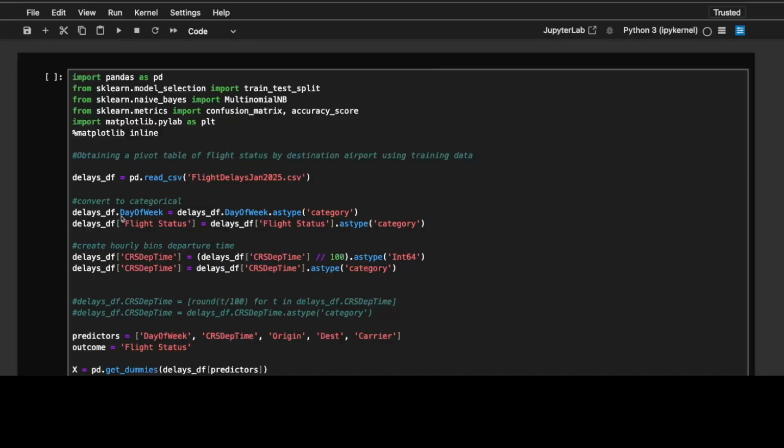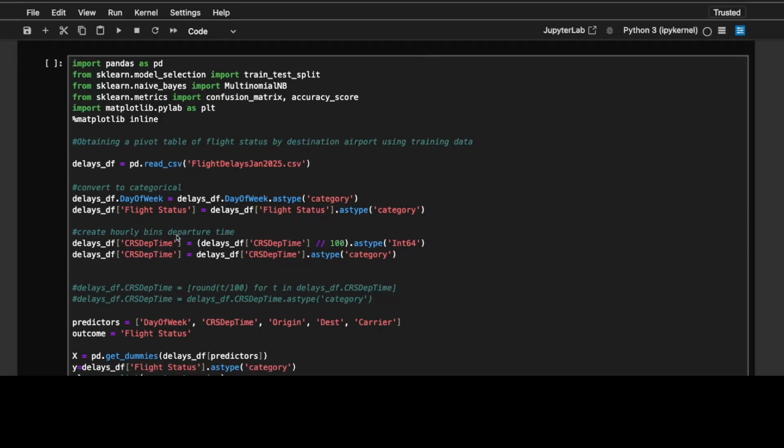So that's what we are going to do here, where we have one of these features which we need to convert to categorical types. For departure time, which is stored as a number like 830 for 8:30 a.m., we extract just the hour by integer dividing by 100.